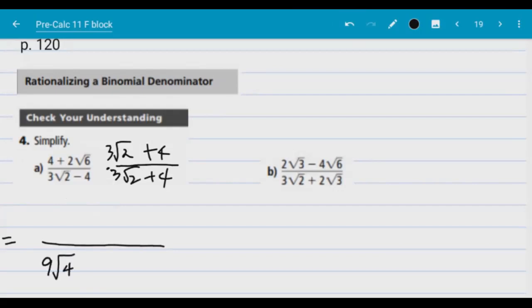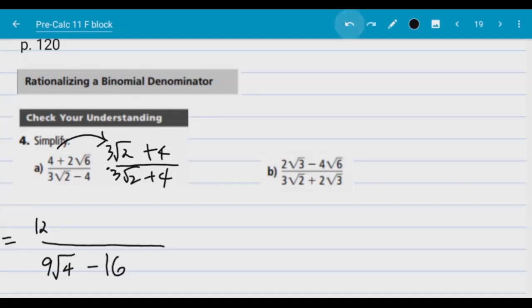The middle terms, the outside and the inside terms, would cancel out. Just do it yourself. And then the last terms would be multiplied, these two. It's like 4 times itself, which is 16. While the top, you have to expand. So 4 times 3 root of 2, that would be 12 root of 2.